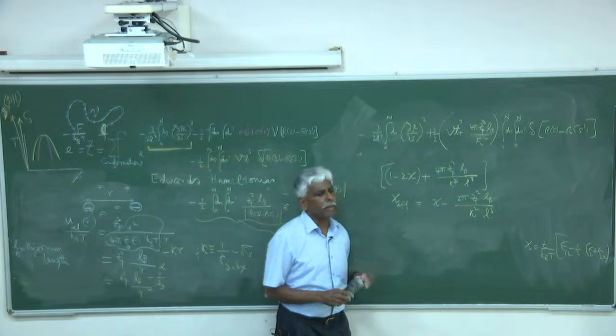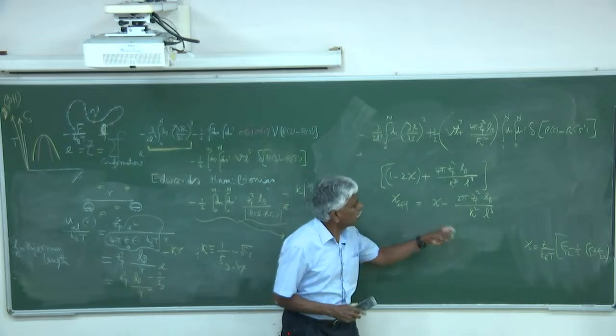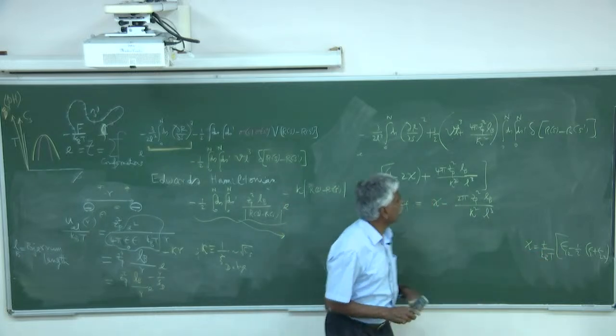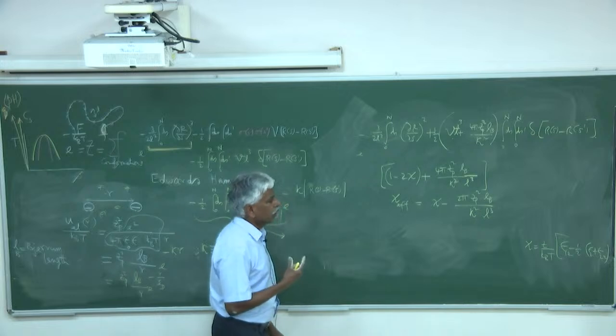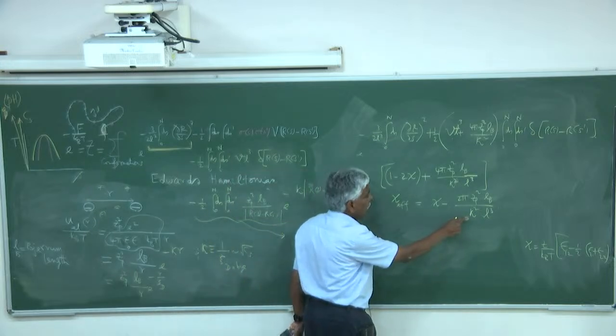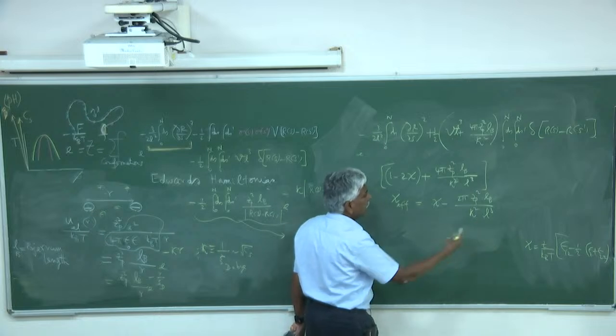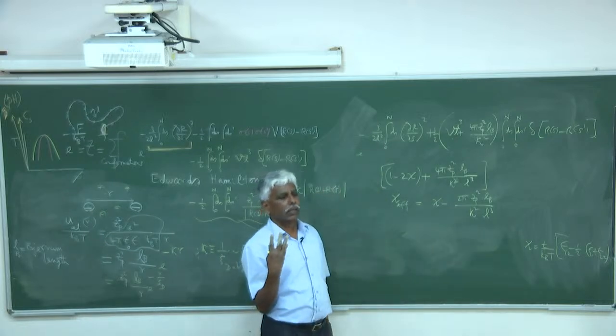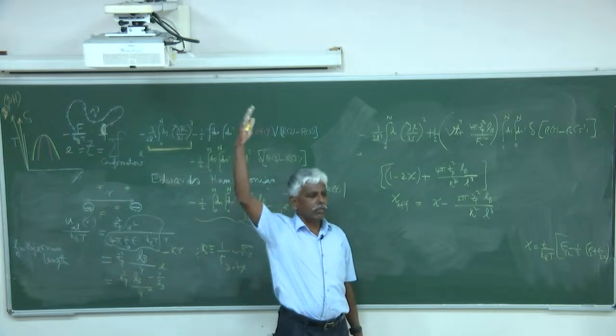Now let us look at the consequence of this. Suppose salt concentration is low. What will happen? That means kappa square is large. But you define this for salt concentration high.